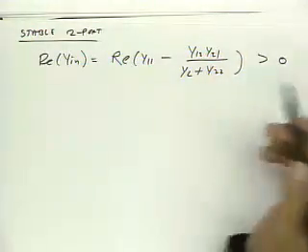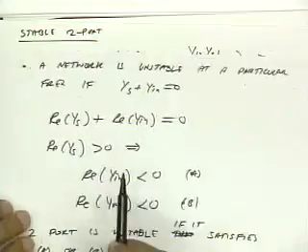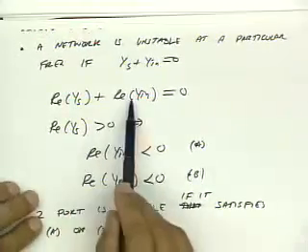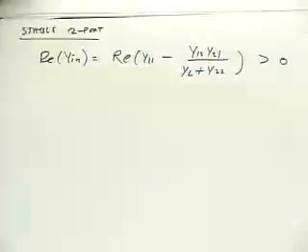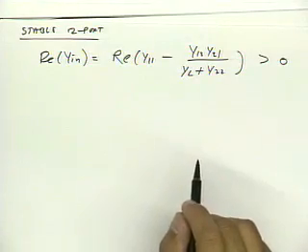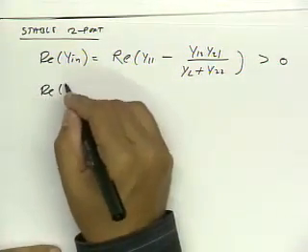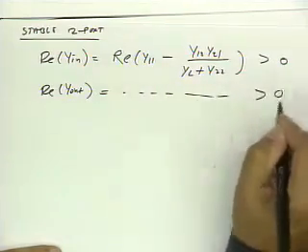If it's bigger than 0, then it's stable, because then this equation can never be satisfied, right? If this is positive and this is positive, they can never sum to 0. Therefore, obviously, it's stable. And I can write a similar equation for the real part of Y out. Okay.